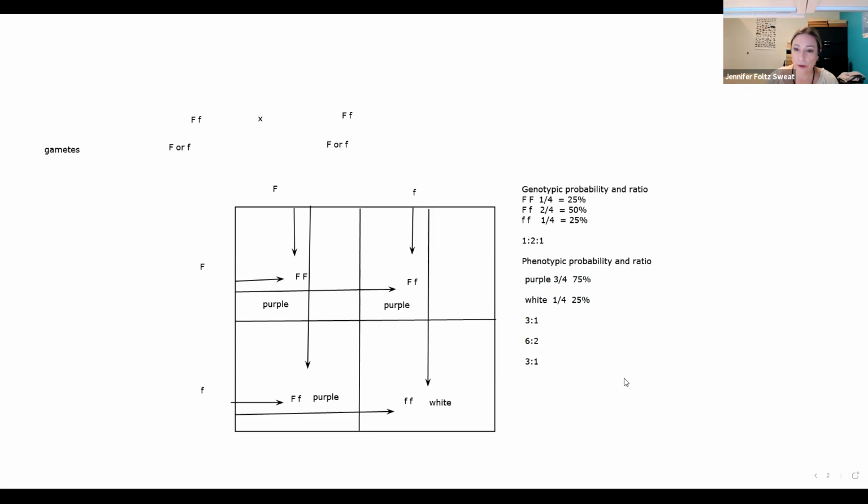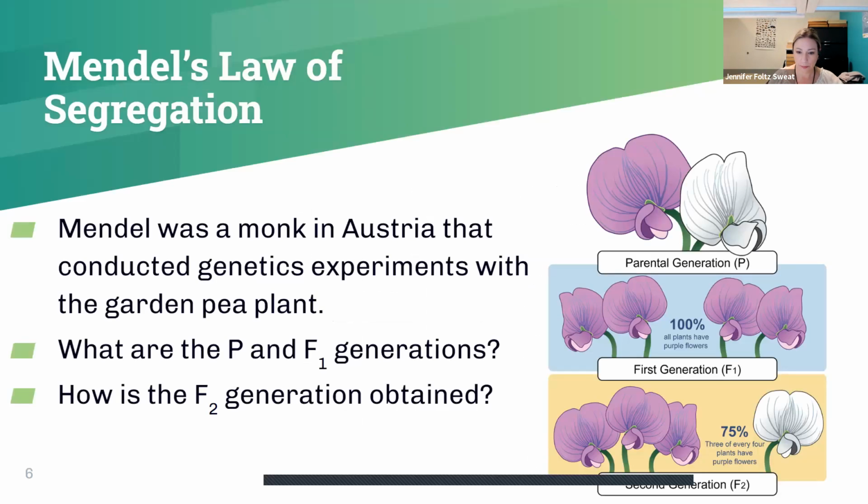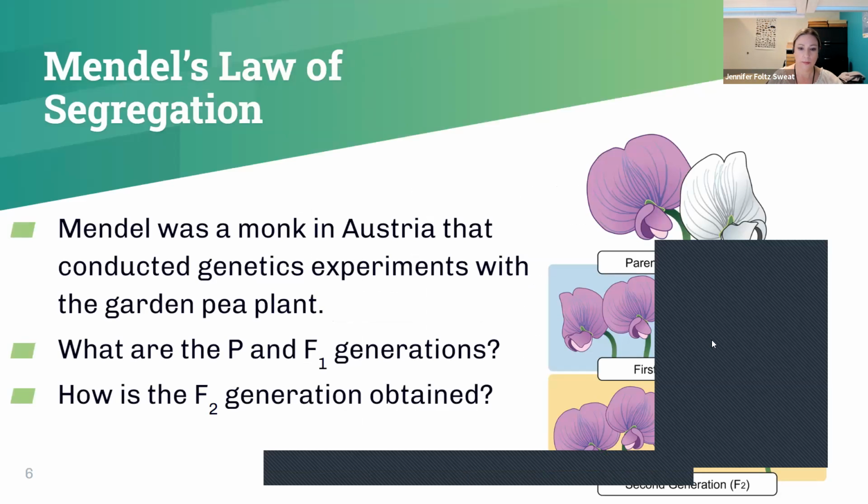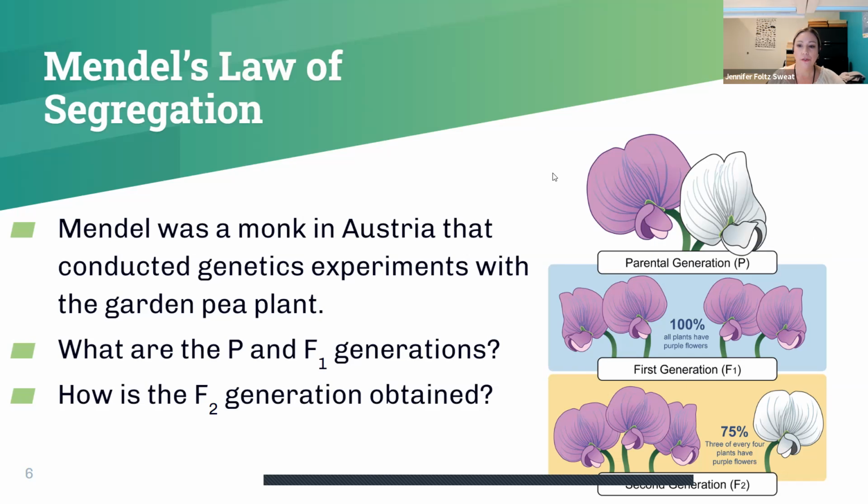All right, let's go back to the PowerPoint. So this image is showing you what I just did on the whiteboard. If your parental generation is true breeding purple, true breeding white, 100% of your F1 will be heterozygous purple.